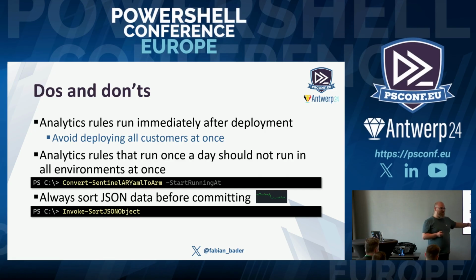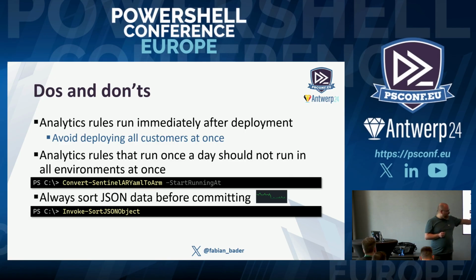Another thing is when you start to back up certain things from Azure, the sorting of the return object is really messed up. And you don't have the option to say to Azure, give it in an ordered way.